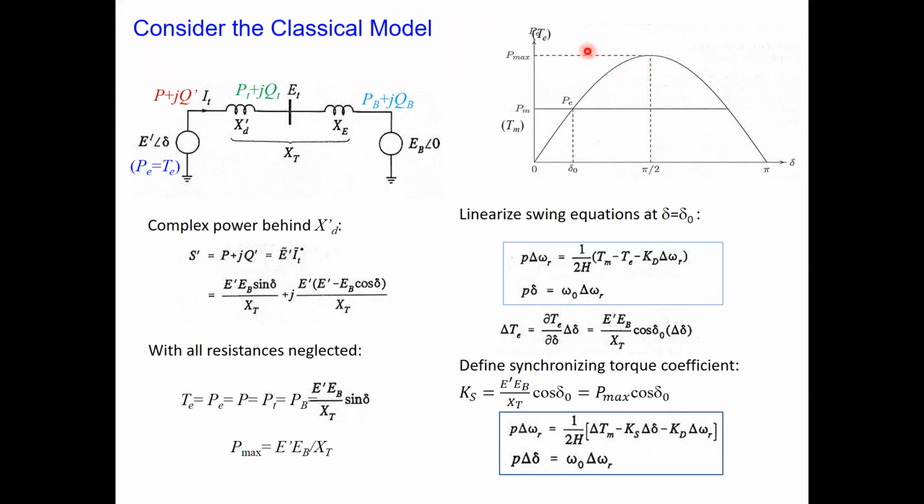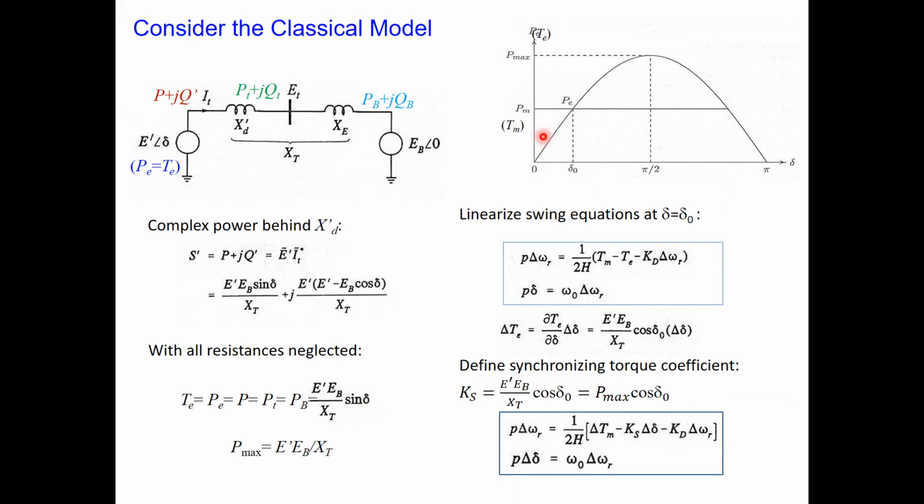So you get P max when angle delta is 90 degrees. If your operating point for the generator angle is something like this, this is your initial operating point. What you find here is that at the steady state point, the electrical power and the mechanical power are equal. Remember that the mechanical power is constant, represented by a constant line here.